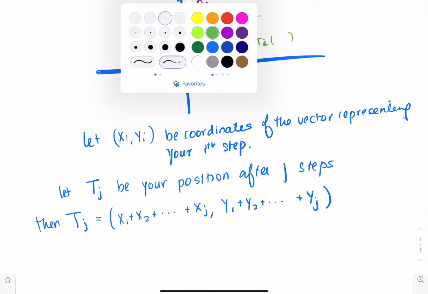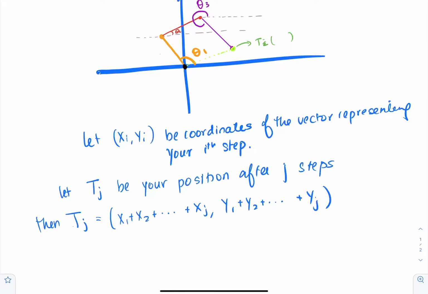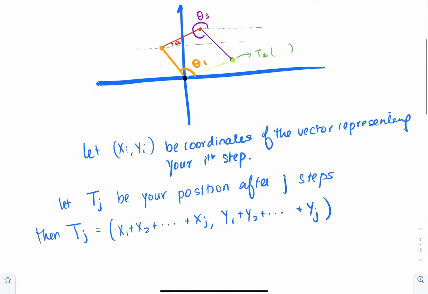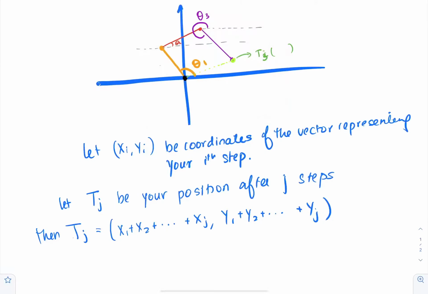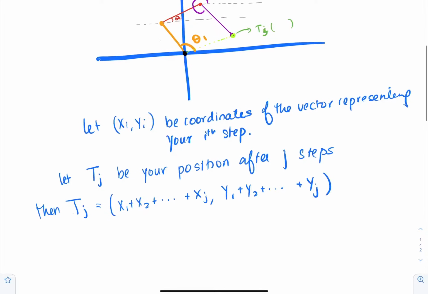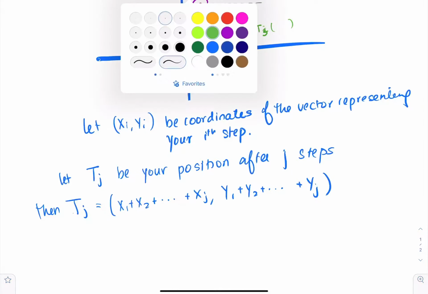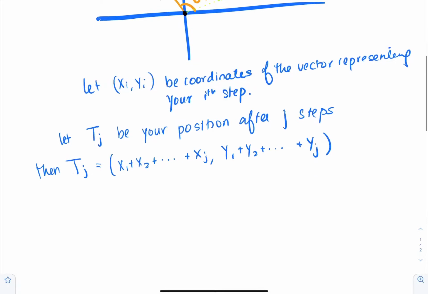And of course, you have that the red dot over here, that represents T2. The orange dot represents T1. The black dot represents T0. That's your position after j steps. Okay, so I hope it's clear so far.